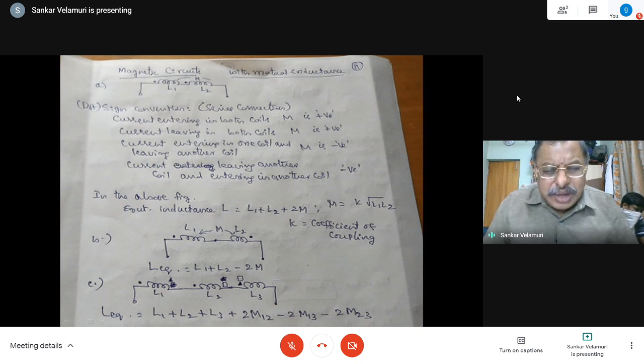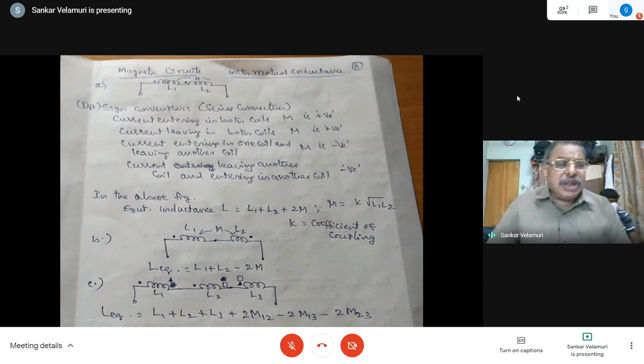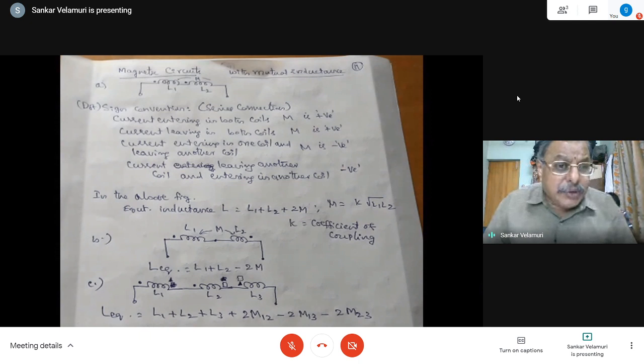Those laws more formally you will be studying in machines, as electrical machines, because the electromagnetically induced EMF principle, the dynamically induced EMF principles, all those things you will be studying there. But here we will discuss from the circuit point of view. It is a prerequisite topic for understanding steady state analysis of AC circuits.